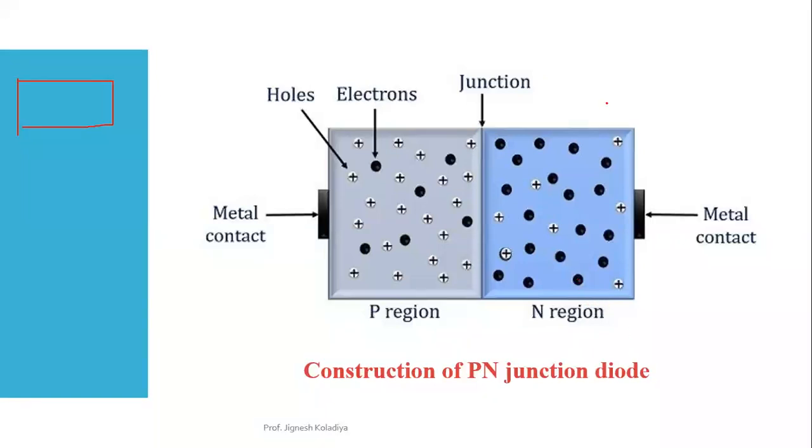So here in the n-type region you are going to add, and here also you are going to add some impurities. In this I'm going to add pentavalent, so extra electrons are present in the n-type region, and here I'm going to add the trivalent impurities.